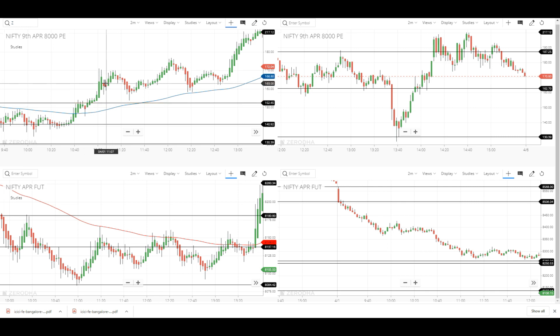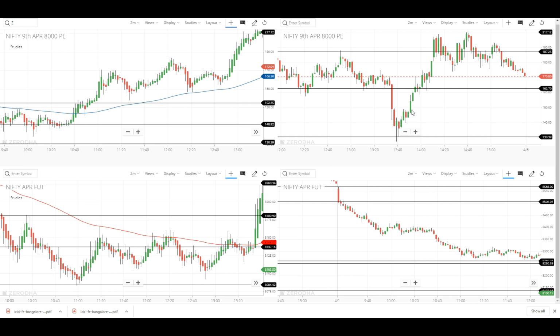Which is good, 10-15 points which you're getting here. As soon as the movement happens downwards, any change in the color, if you're buying in the green and the color changes to red, we exit. Our entry was somewhere around 150, 152.